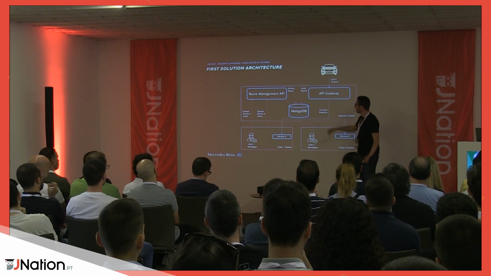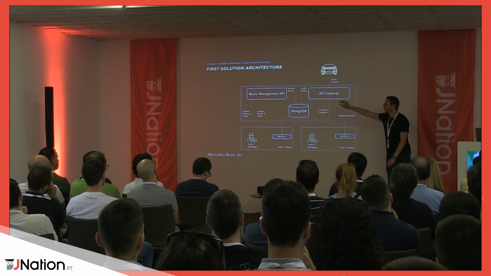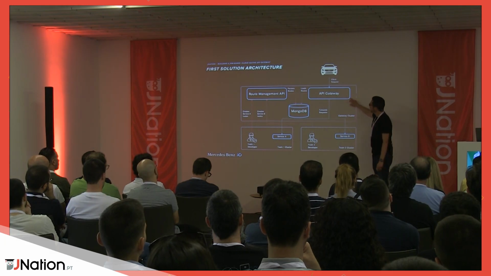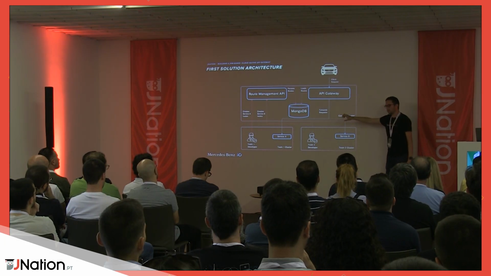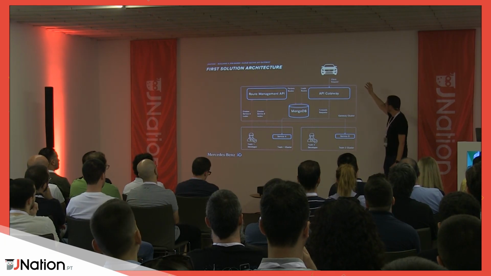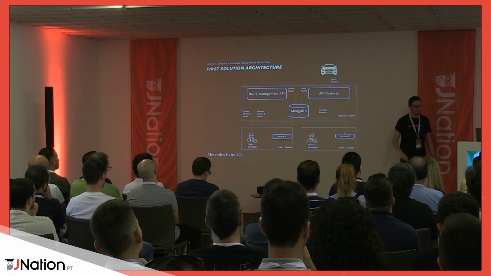So simple endpoint identification. This route management API persists routes on a MongoDB collection, and the API gateway loads the routes from it. Pretty simple, pretty standard. Once a client request comes, the API gateway forwards the request to the right service.